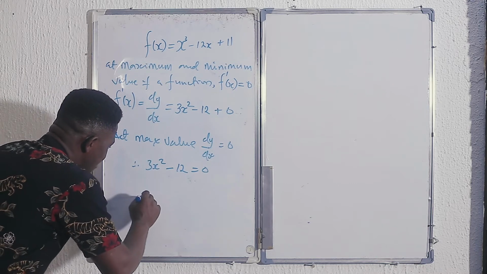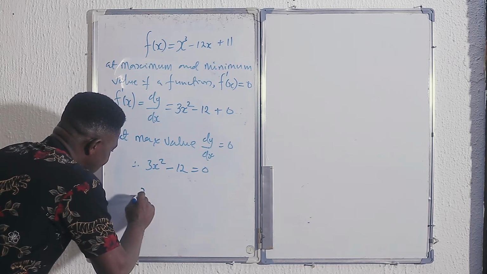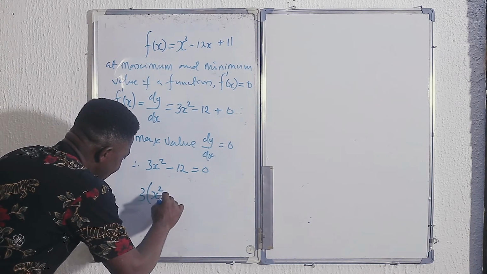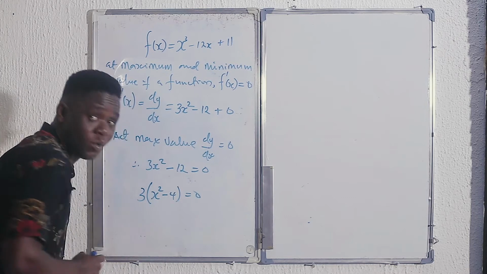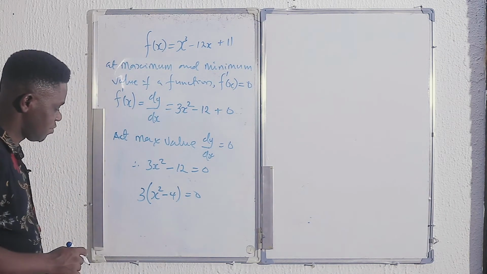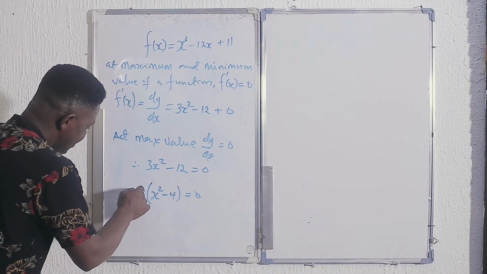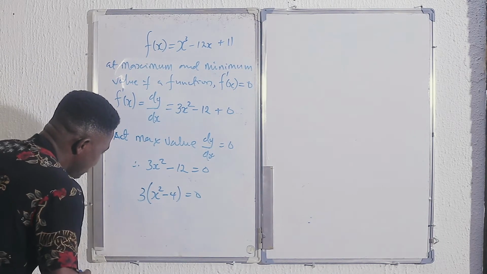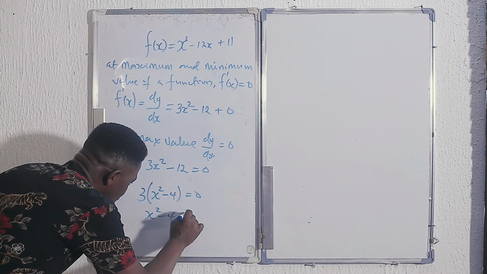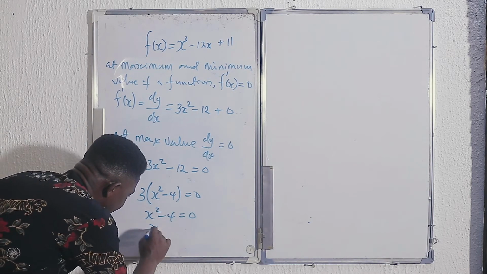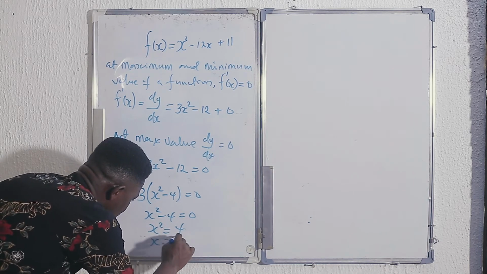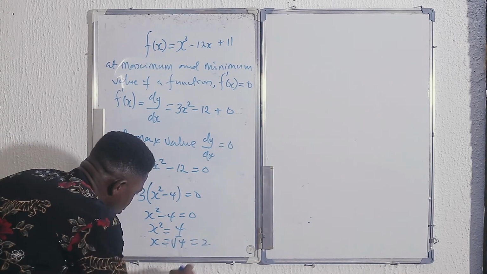If we factorize this, we are going to get that 3 into x squared minus 4 is equal to 0. The 3 will eliminate itself. So we have that x squared minus 4 is equal to 0. x squared is equal to 4. And x is equal to square root of 4, which is equal to 2.